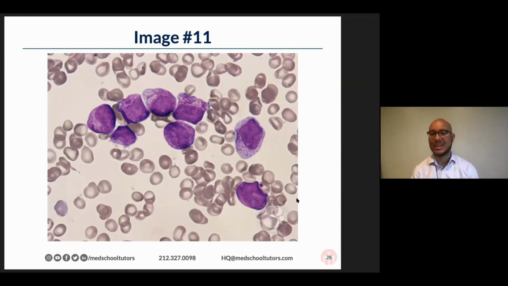And this is not something that will be tested on Step 1 or COMLEX, but it was Lo-Coco and colleagues in the New England Journal a while back that defined all-trans retinoic acid with another agent called arsenic. Wild, I know, arsenic, that leads to incredible cure rates and transformed this from a basically universally lethal disease to one in which many folks can make a full and lasting recovery.